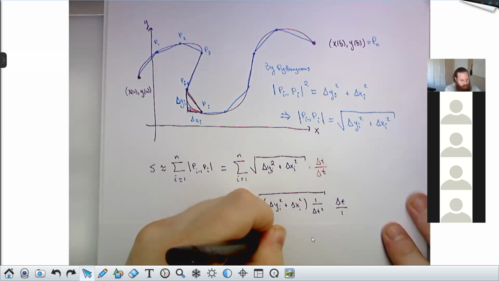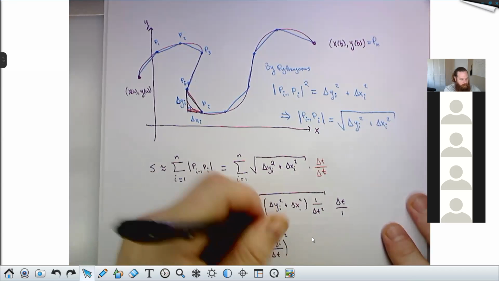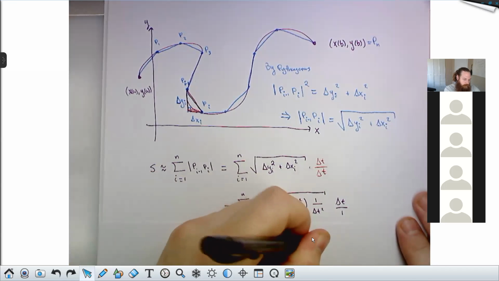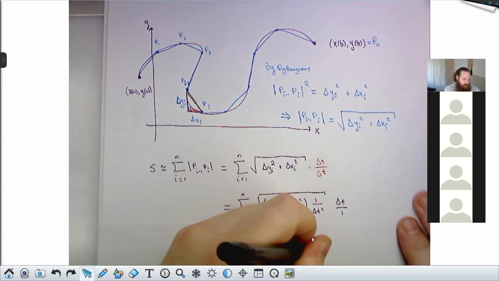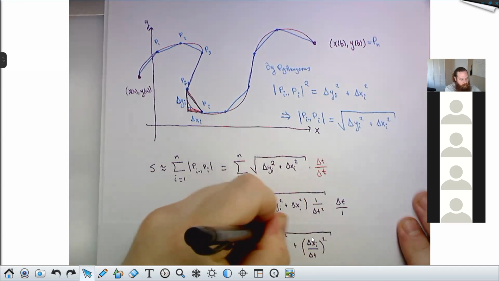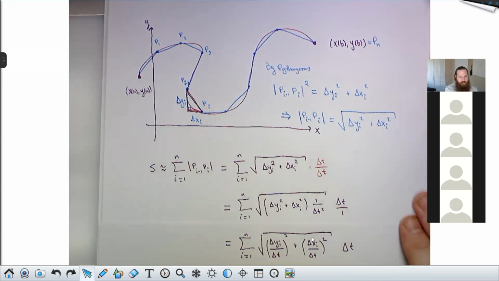So that's delta yi over delta t all squared plus delta xi over delta t squared. And then outside the square root is still this delta t over 1. I'm just going to leave that as delta t.